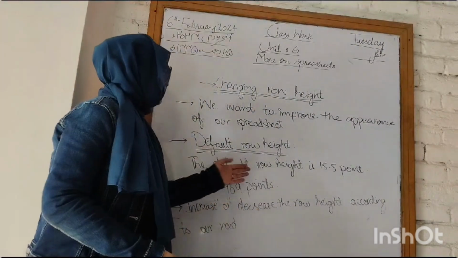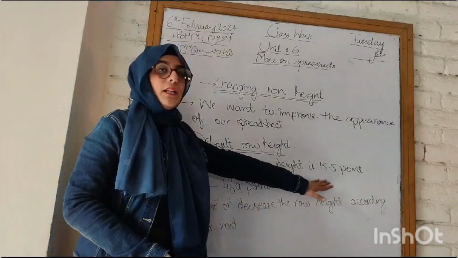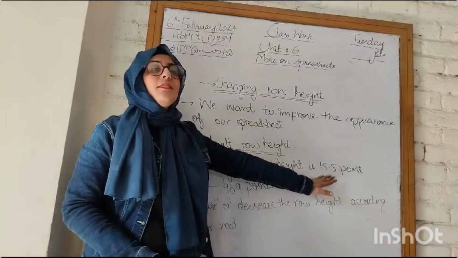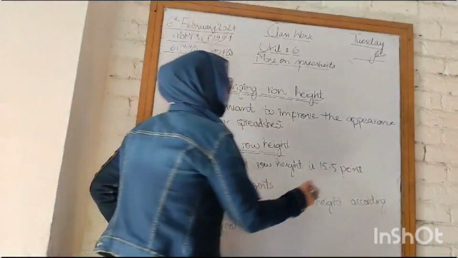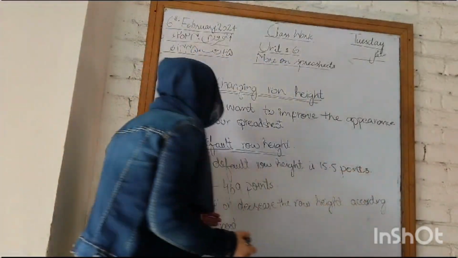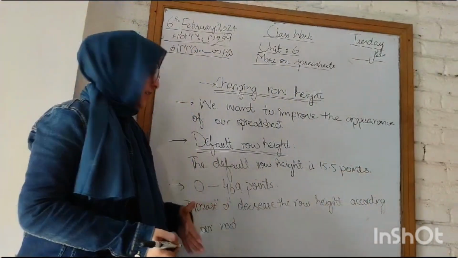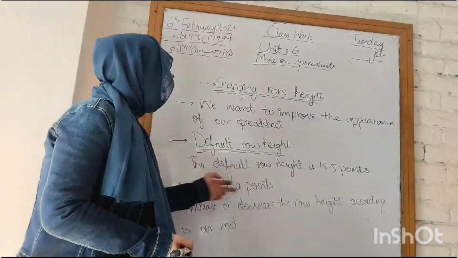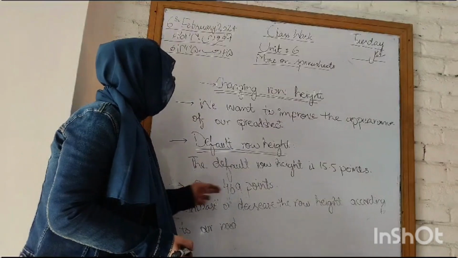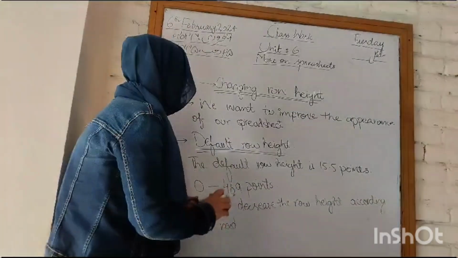The built-in height is 15.5. The default row height is 15.5 points, and we can increase or decrease this row height according to our need between these two ranges, 0 to 409 points.